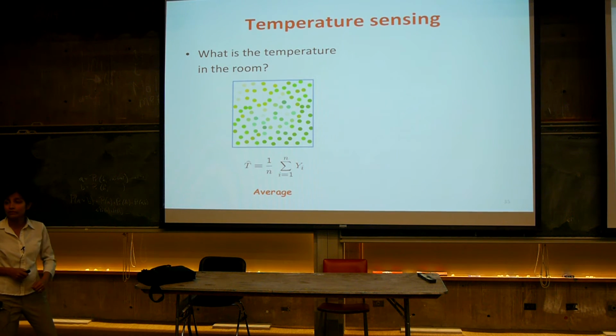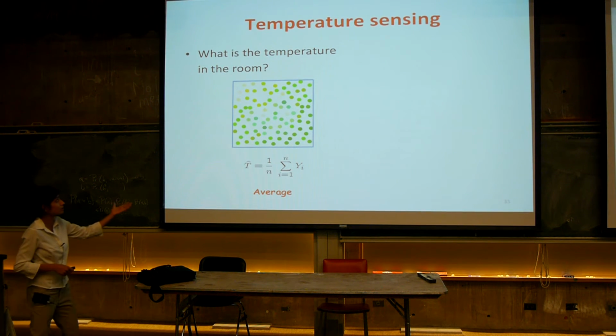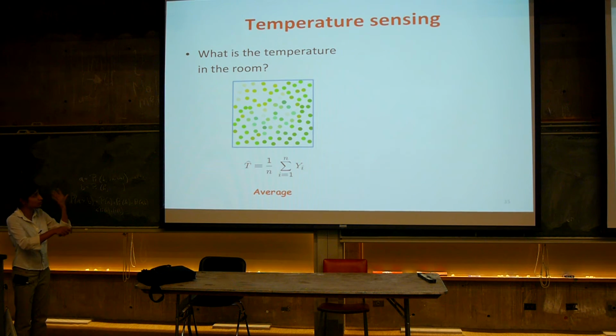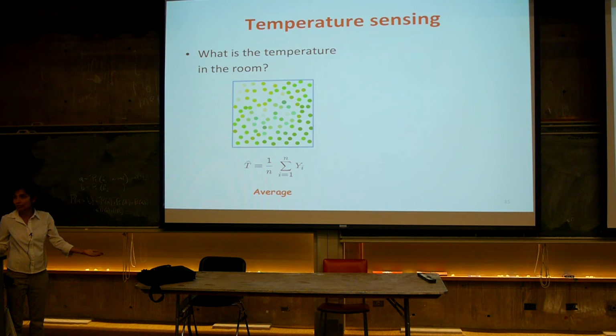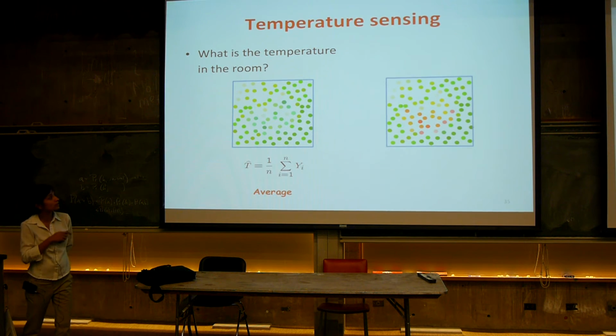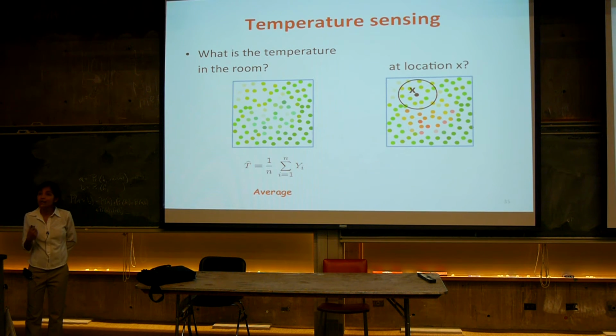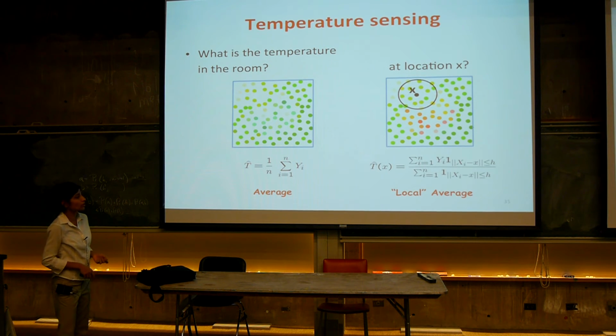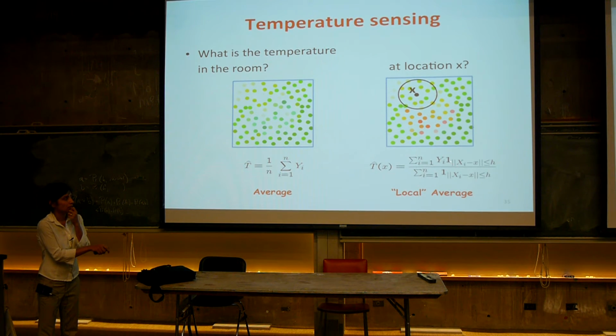We can do something similar with regression, where say we are trying to sense the temperature. You can ask the question, what's the temperature in a room? And these are different sensors placed in the room. Then you would predict the average. But what if you have to predict the temperature at a location? Then you would still want to do something local, right? So what would you do now? Here you just average all of your measurements. Here you are going to do an average, but only over points that are within some radius around you, right?